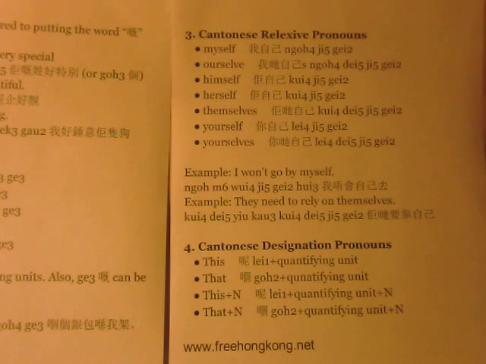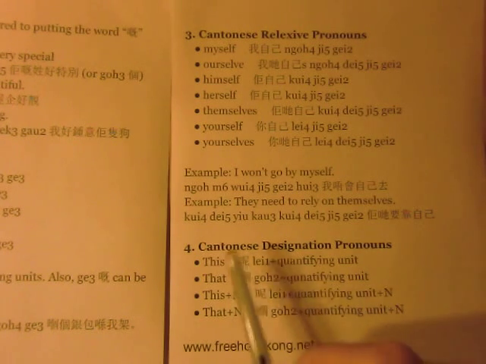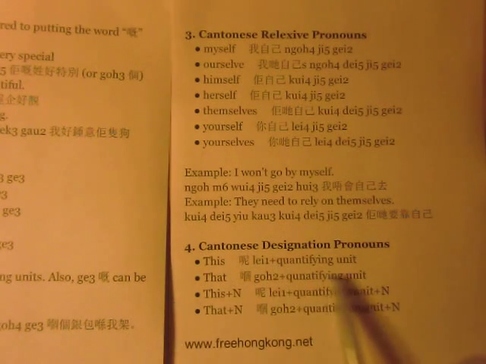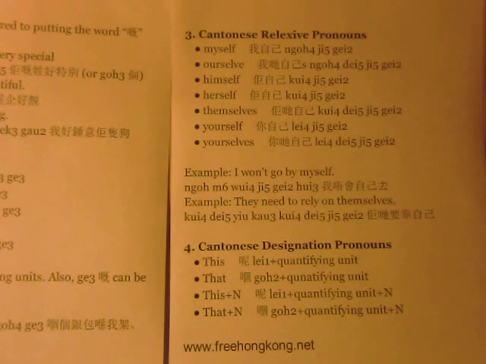We use demonstrative pronouns to replace the article "the" in English. So "the" must be referred to by either "this" or "that" with the quantifying unit. So 呢 plus the quantifying unit. For example, 呢隻狗, 狗 is the dog. We say this dog, but then we need to say something like 呢隻, which is the quantifying unit.